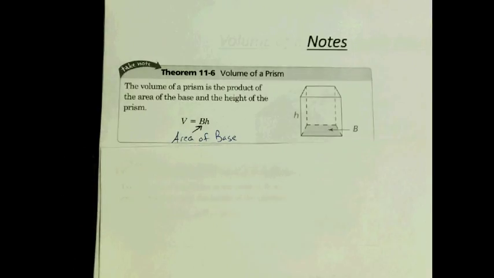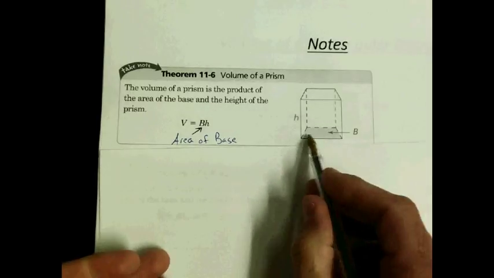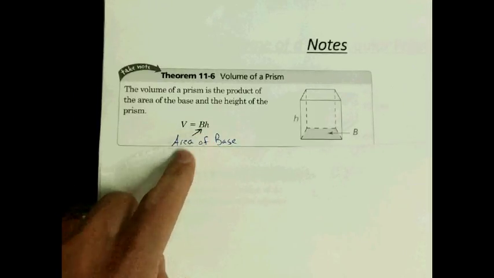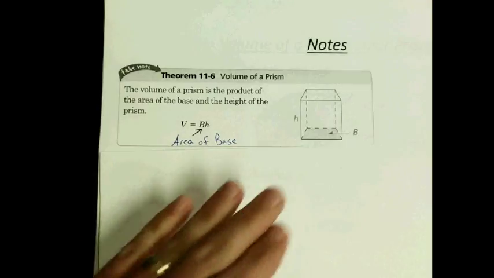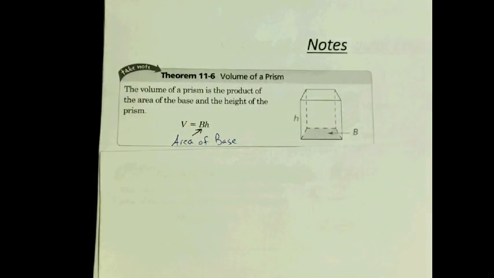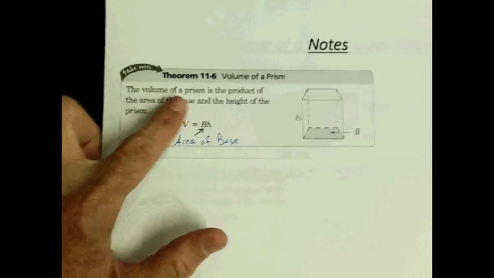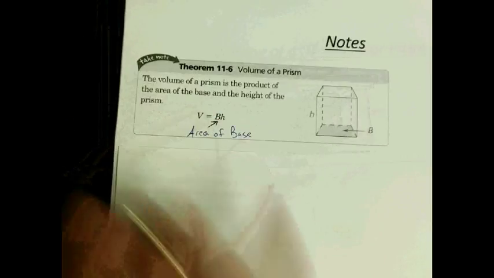So take, for example, this rectangle. It has a base times a height. Or if we had a triangular prism, the base has a base, right? So we have capital B for the area of the base, and then when we'll get into that, you'll see how lowercase b is the base of the base. But we'll get into that later. So the volume of a prism is the area of the base times the height.